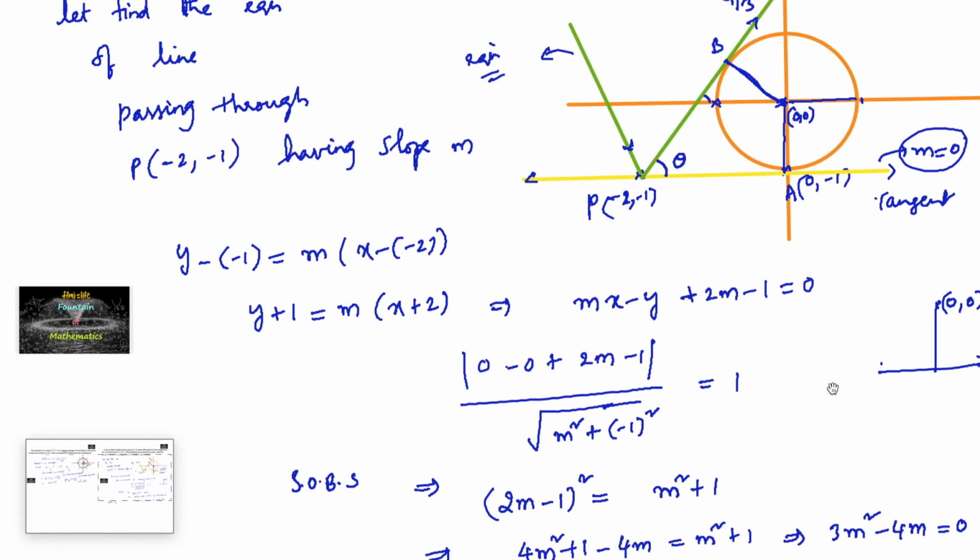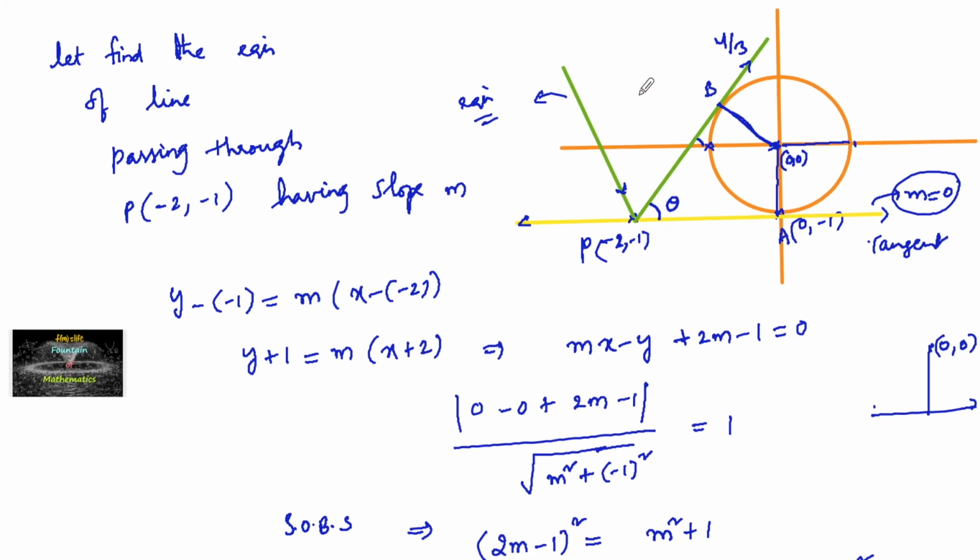Now, since we know angle of incidence is equal to angle of reflection, this angle is equal to 90 minus theta, and this is also the same 90 minus theta, and this will be equal to theta. For the inclination purpose, we can consider the angle from here to here, that is total pi minus theta.